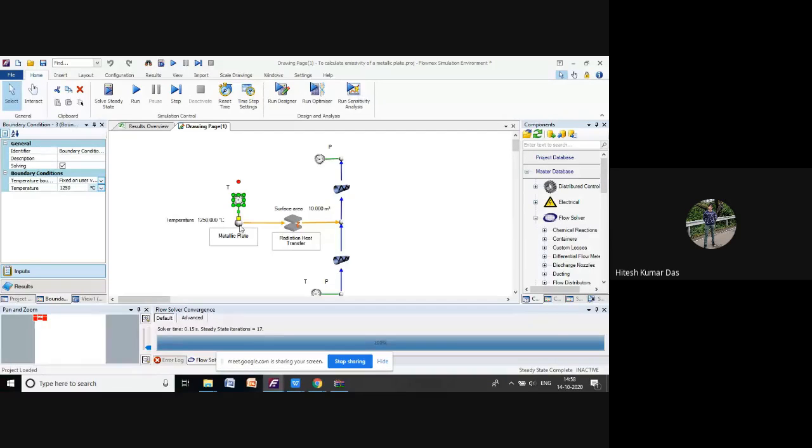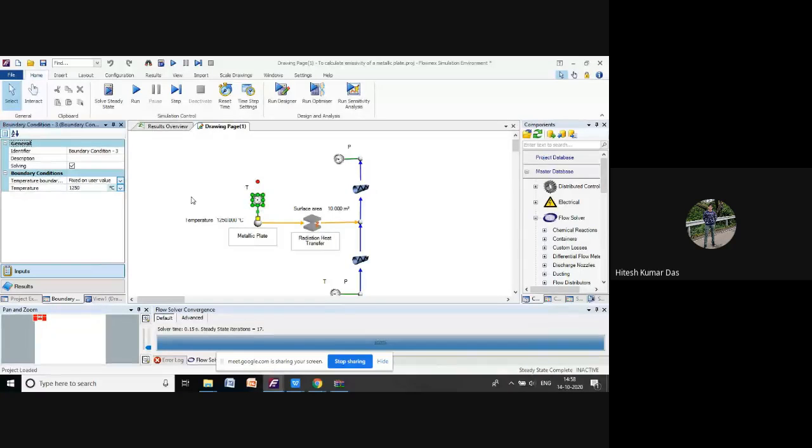For assigning the temperature, you just need to click on this boundary condition. After that, you can see the options: not specified, fixed on user total value, fixed on solver value. We need to select fixed on user value, meaning we are the user. We need to assign the temperature, and the temperature we are going to assign is 1250 degrees Celsius for this node, meaning the metallic plate temperature.